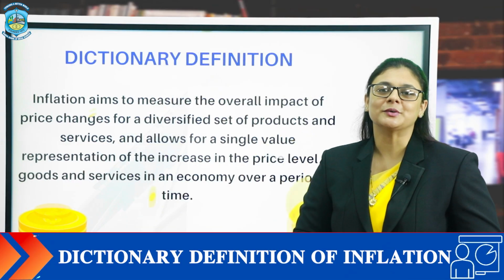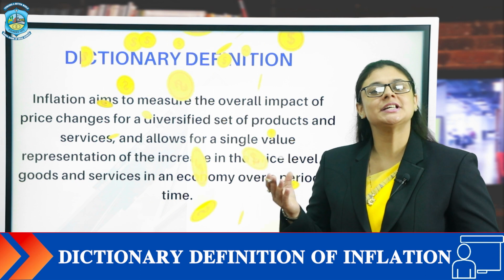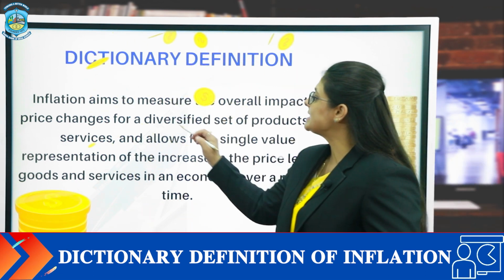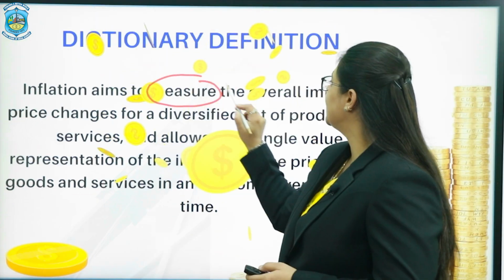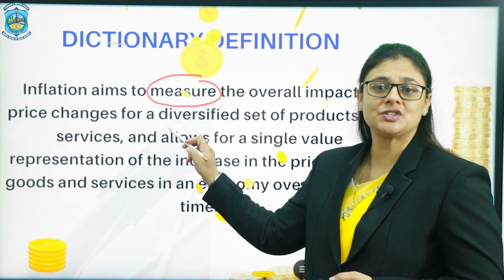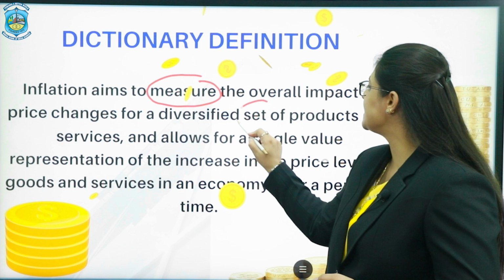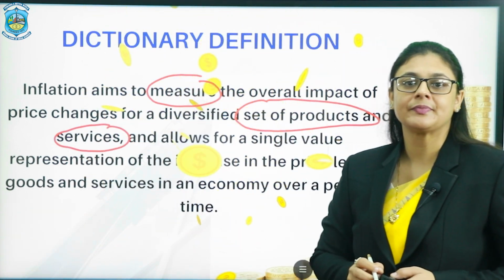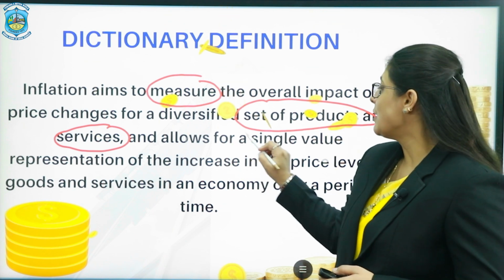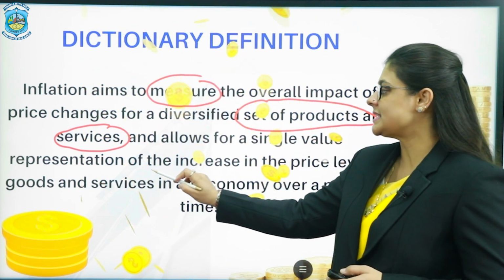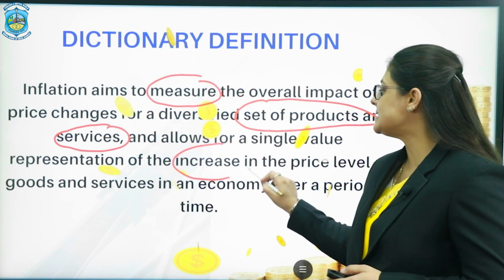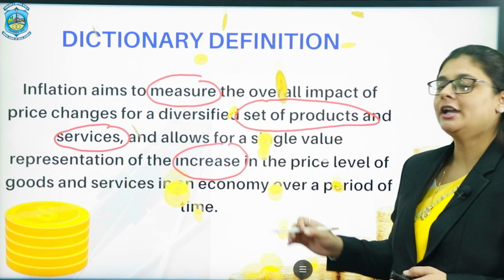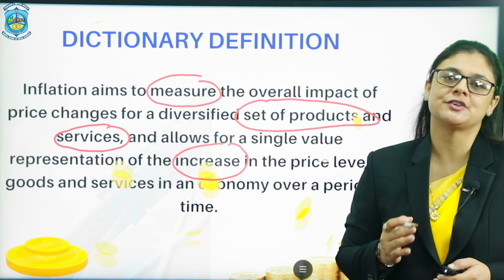Now let's talk about the dictionary definition of what inflation aims at. Inflation basically aims to measure the overall impact of the price changes for a diversified set of products as well as services. It allows for a single value representation of the increase in the price level of the goods and services in an economy over a specified period of time.